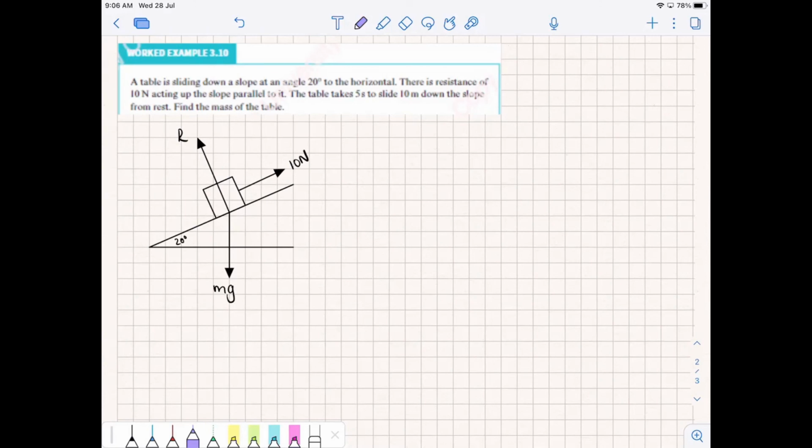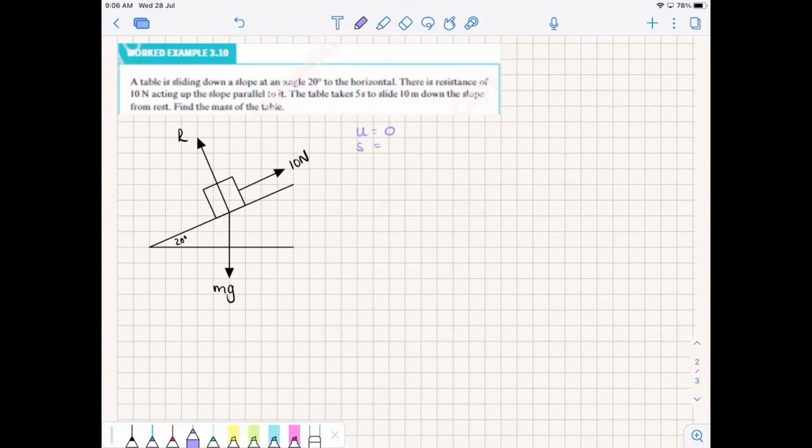We know the initial velocity is 0 because it started from rest. It slid 10 meters down the slope, all right? So my displacement here, well, the displacement will depend on the direction that you choose for acceleration.